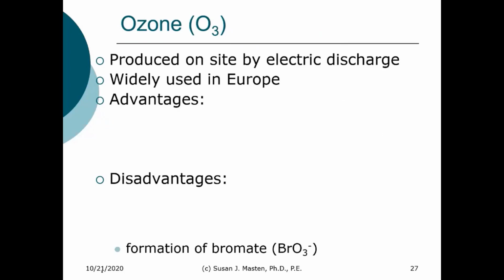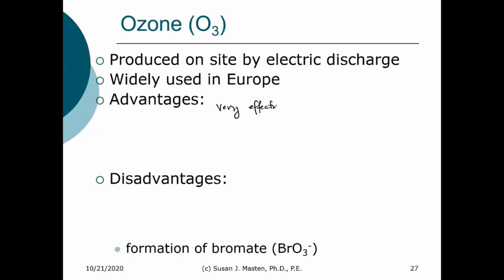So in addition to the chlorine compounds, we can use ozone. Ozone is produced on site by electric discharge. That kind of sweet smell after a thunderstorm, what you're smelling is ozone. Ozone is widely used in Europe. It's actually the preferred disinfectant in Europe over chlorine.